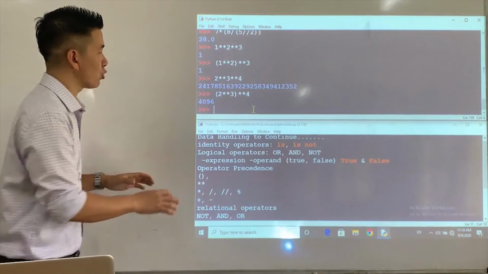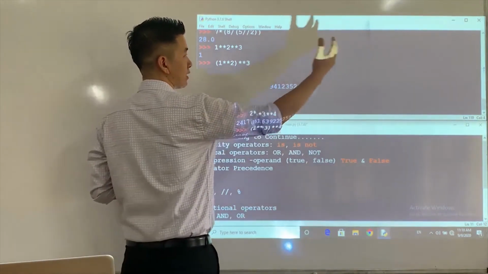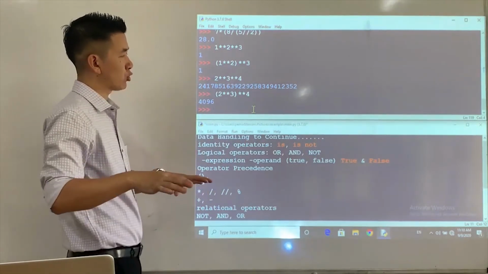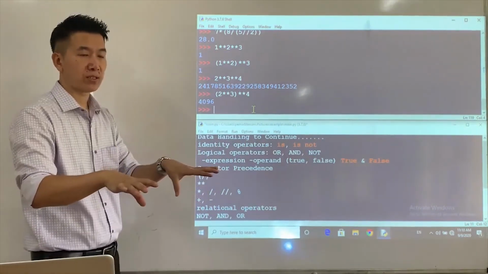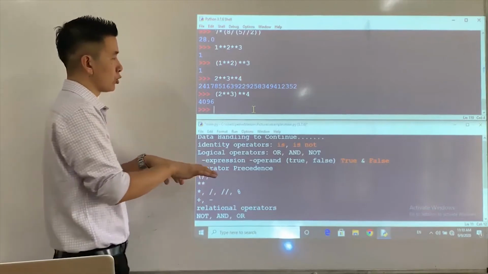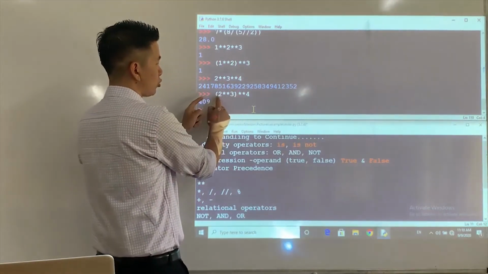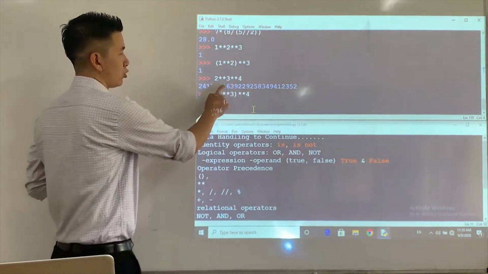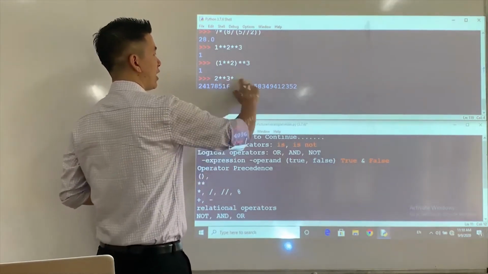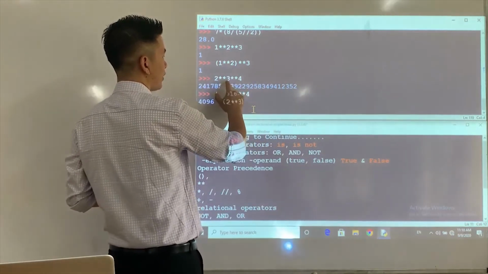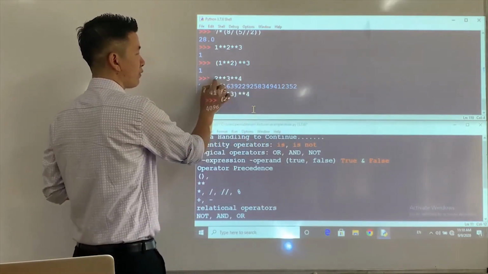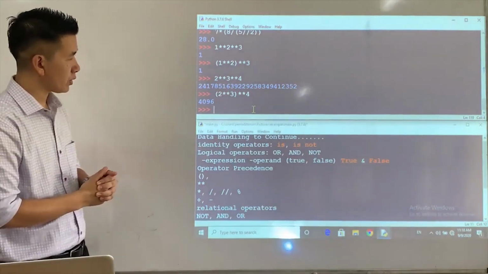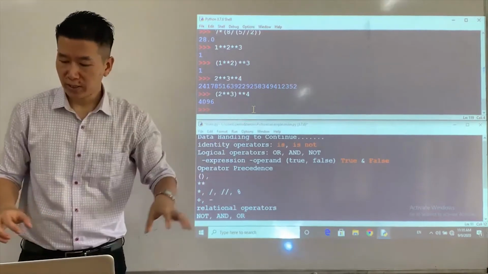This clearly shows that this expression starts from right to left. You could try with smaller numbers, but make sure you come out with different answers, otherwise you will not get it. So when I enclose this, 2 raised to 3 will be 8, 8 raised to 4 will be 4096. 3 raised to 4 is already a big number, and when you have that as the exponent for 2, it will be an even larger number, right? So this is the difference between the two.